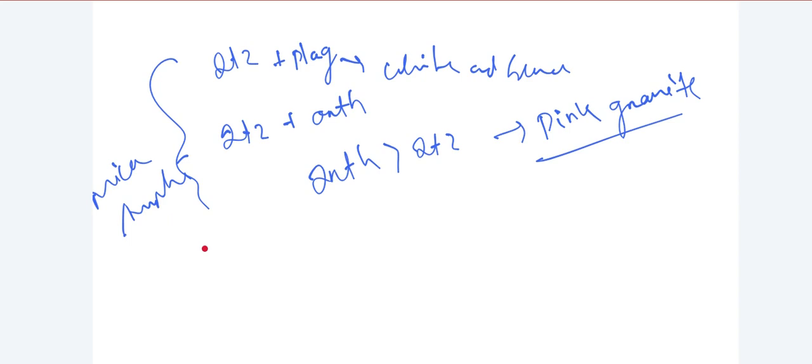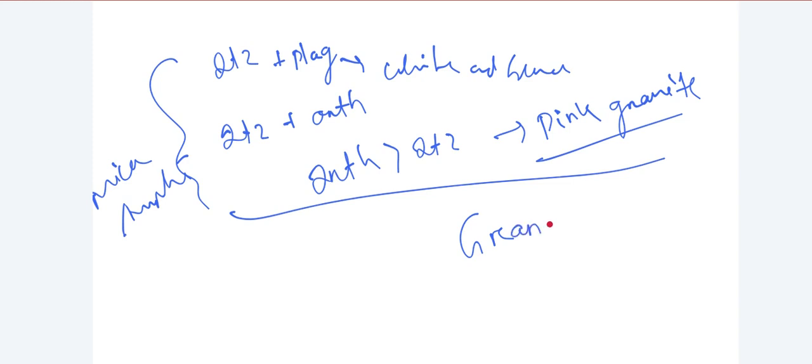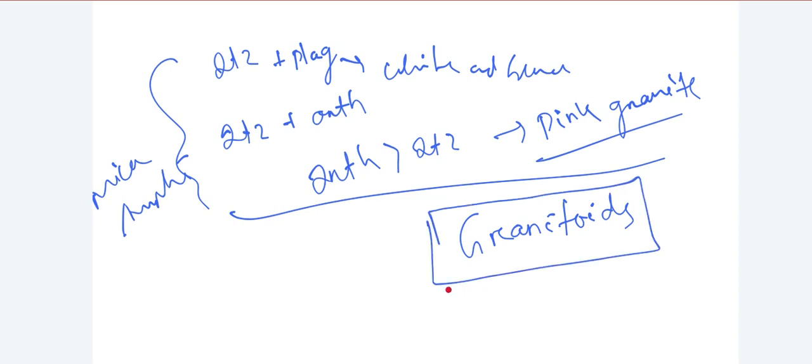So that's why a new term is introduced, that is granitoids. This is the new term, to define granite type of rocks. Granite is a particular rock, and granitoid is the range of rocks that are of granitic composition.